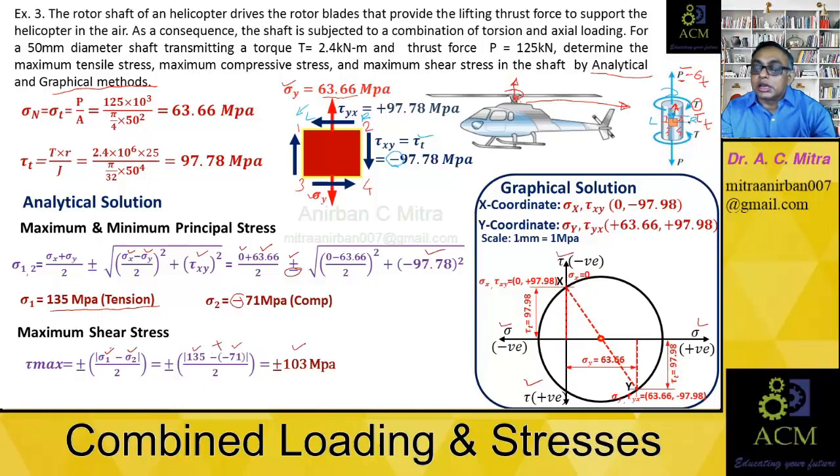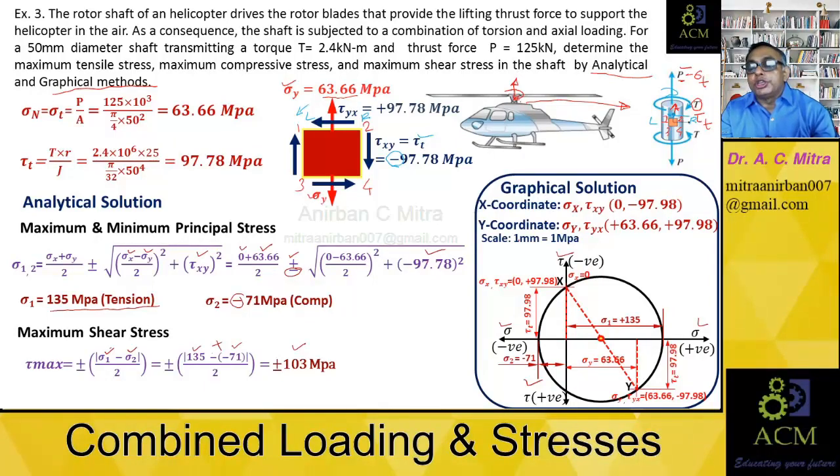Wherever this circle cuts the x-axis or the sigma axis, that will be our maximum and minimum principal points. The distance which is bigger from the origin is sigma 1. It will be in the positive direction, on the right side of the y-axis. So hence it will be plus 135 megapascal. Then the minimum one is on the left-hand side of the y-axis. That's why it's coming negative 71 megapascal.